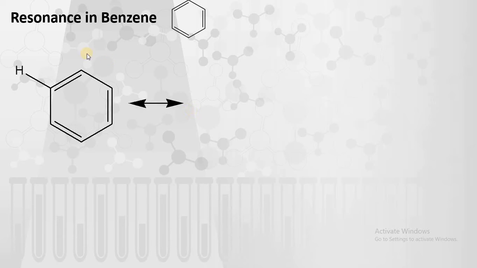Okay, so let us see this resonance structure in benzene. Whatever this first bond is there, that is going to rupture towards this carbon atom. So this pi bond preferably is going to break, and there is a formation of positive and negative charge.